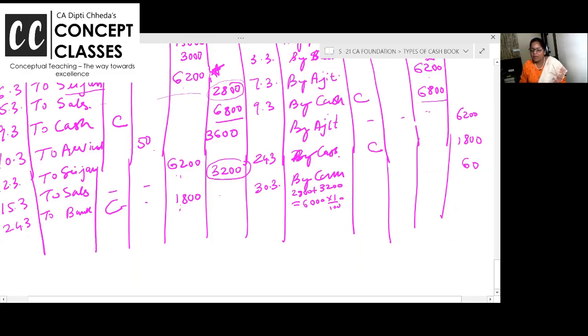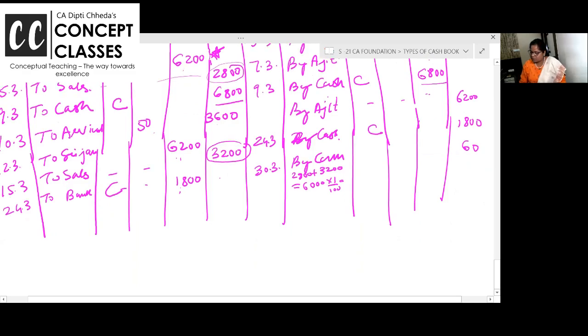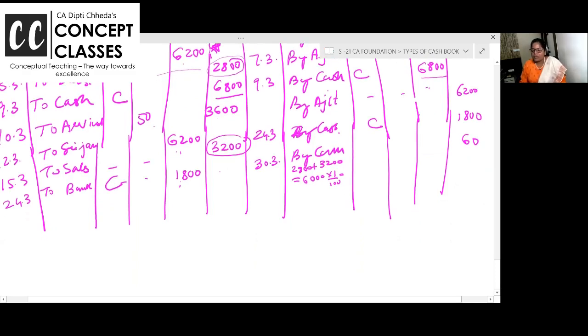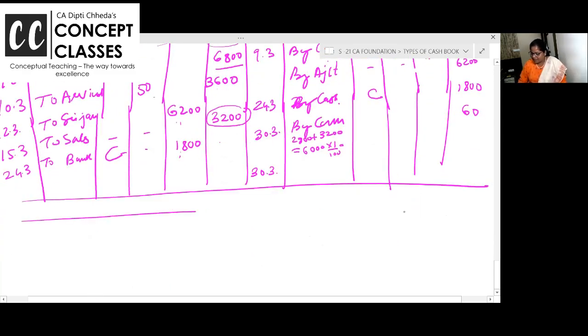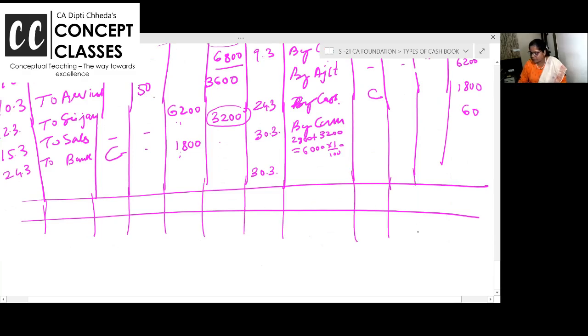Chalo. Now last day, let us balance it. On 30th of March, let us balance all the ledgers. Do the total, send me in the chat box. Total karo.